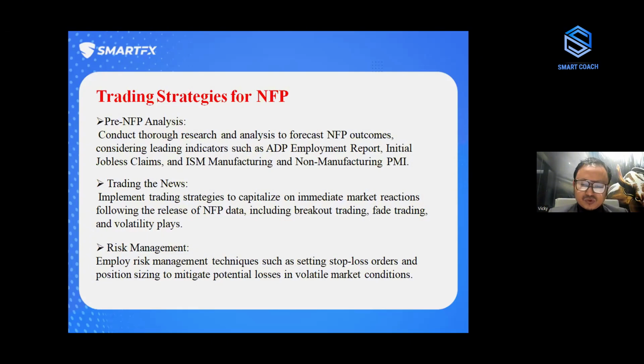Initial jobless claims checks how many people are filing for unemployment for the very first time, how many people are out of work.